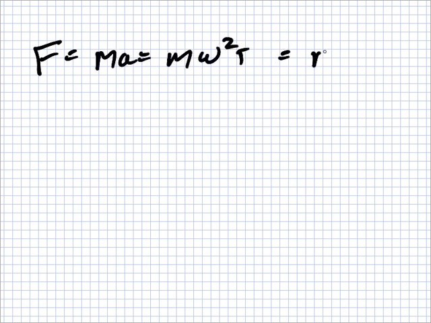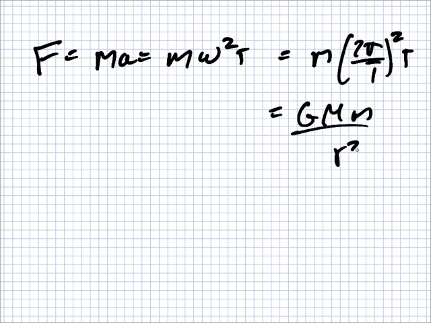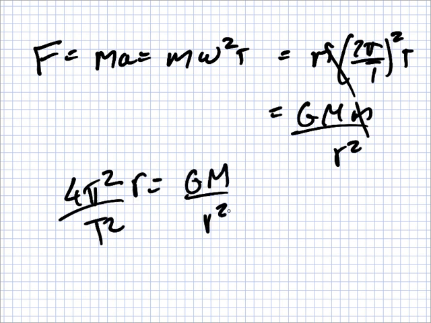It's fine. F equals MA equals M omega squared, or M times 2 pi over T squared, equal to GMm over R squared. Cancel. So I get 4 pi squared over T squared equals GM over R squared.